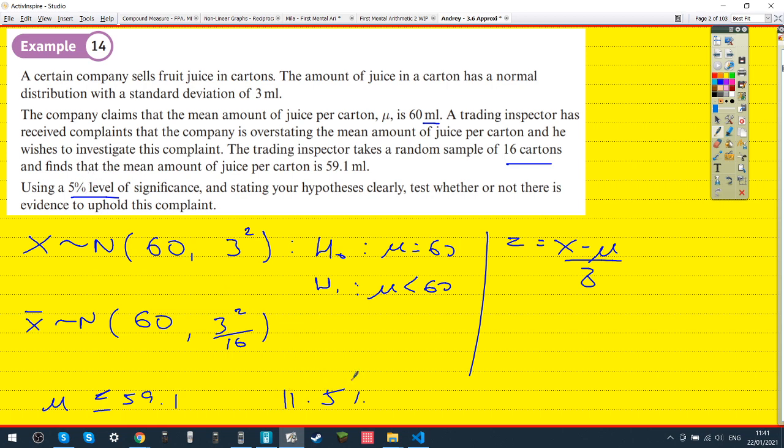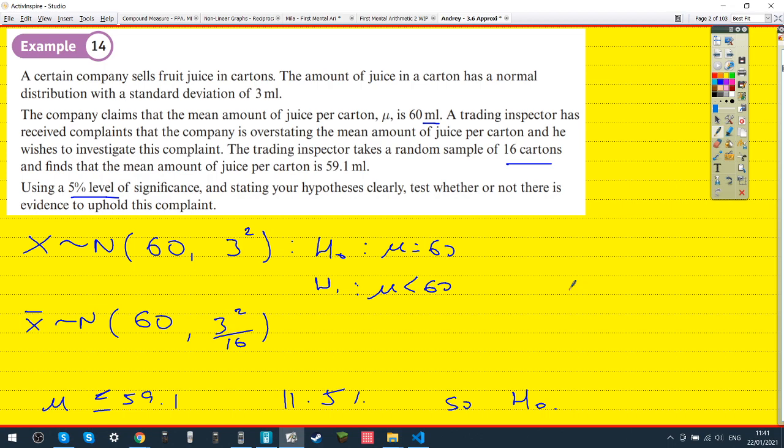It happens 11.5% of the time, and so the company is telling the truth. It's just random chance that it was a bit less than 60 in this case. Okay, sorry about that. I forgot the square root, unfortunately.